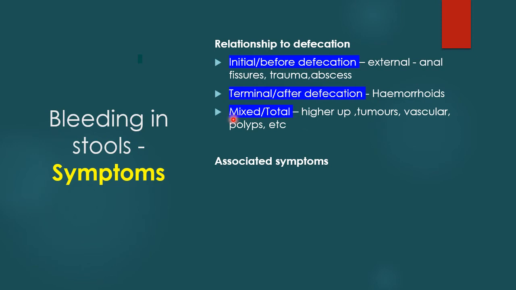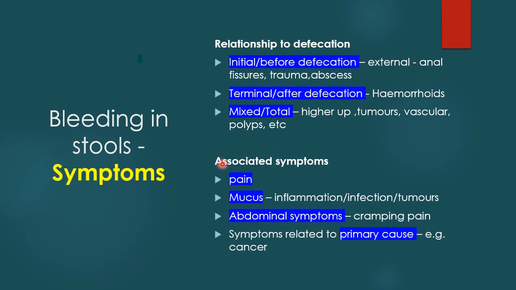Very often, the stools are mixed with blood, or sometimes it is just frank bleeding, total hemorrhage. These are usually due to causes higher up in the rectum and colon, such as tumors, and vascular lesions such as angiodysplasia, polyps, etc. It is also very important to get to know the associated symptoms of this patient.